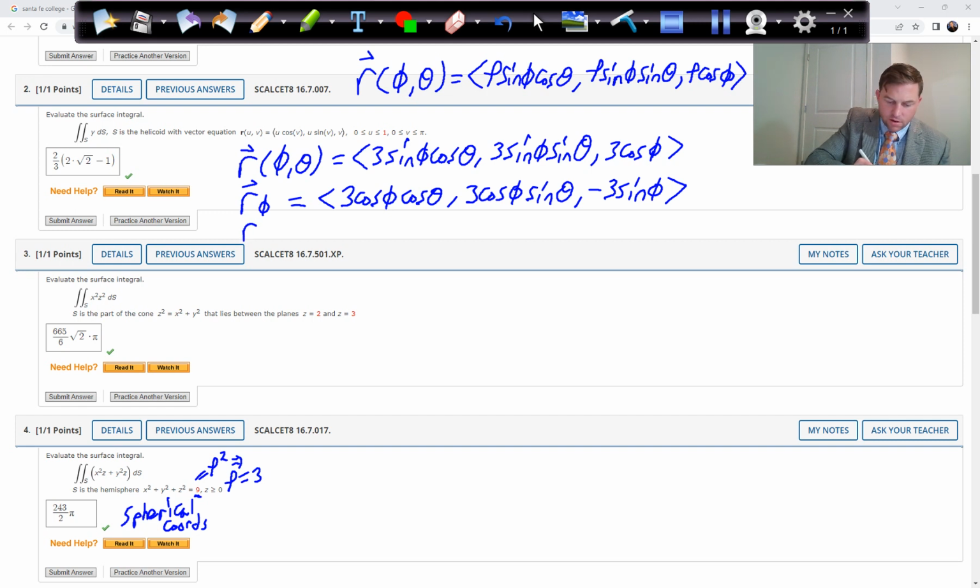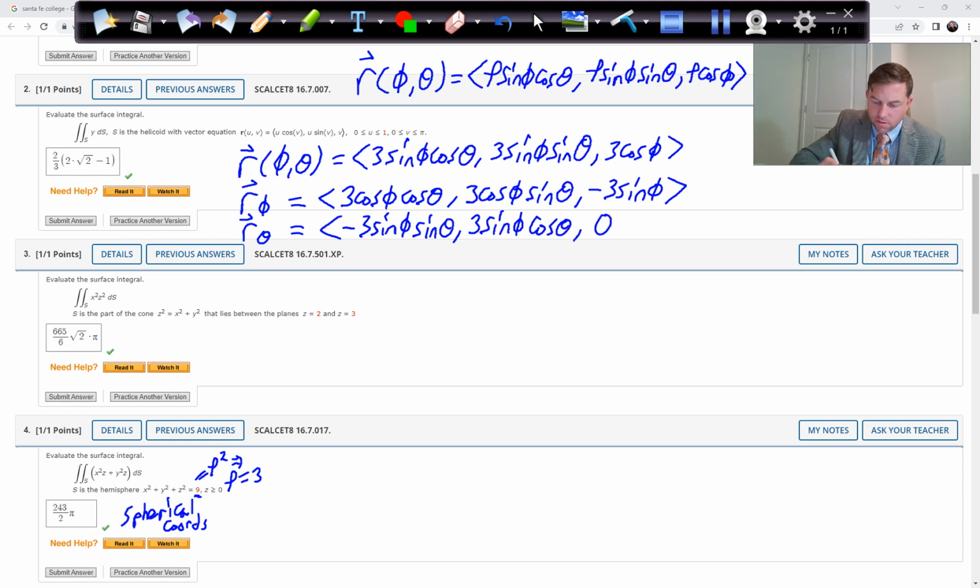Then we're going to find r theta, which is the partial derivative of these three terms, only considering theta. So it's going to be minus 3 sine phi sine theta. It's going to be 3 sine phi cosine theta.